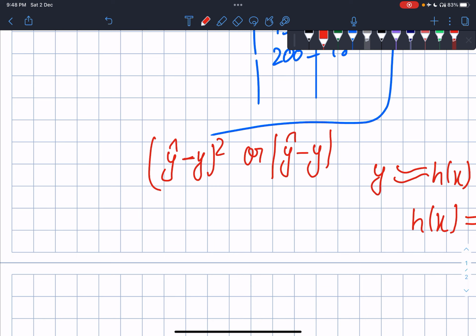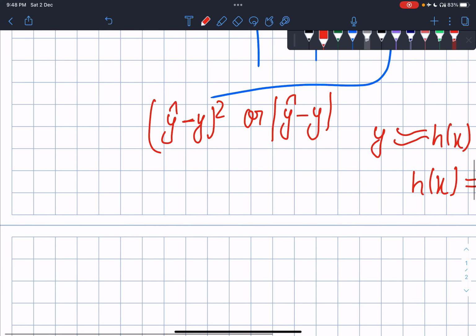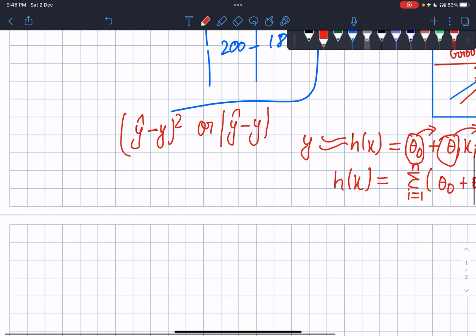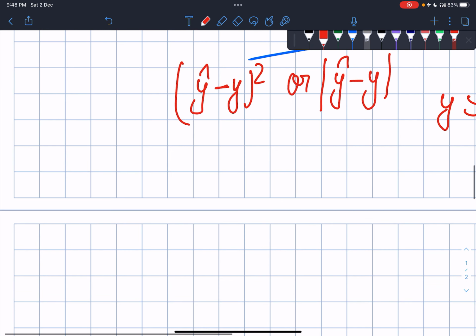Now what we do, we'll check this number for every term: y hat i minus y i. So we'll get the number for each value that we have predicted.